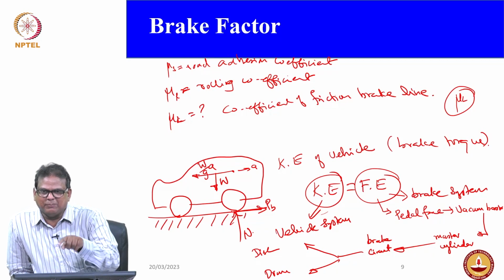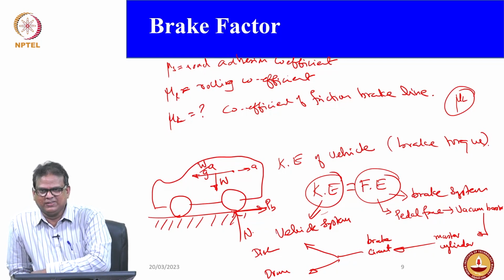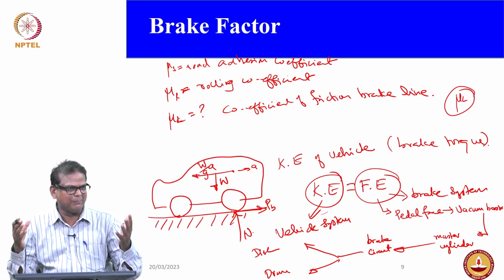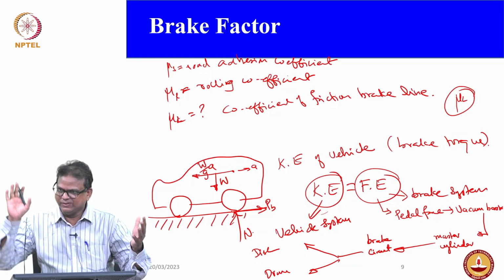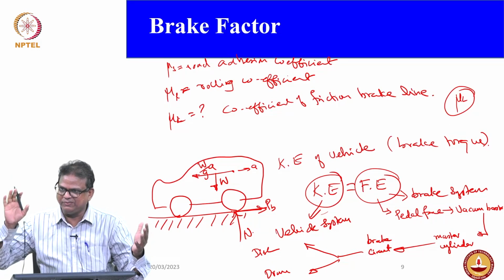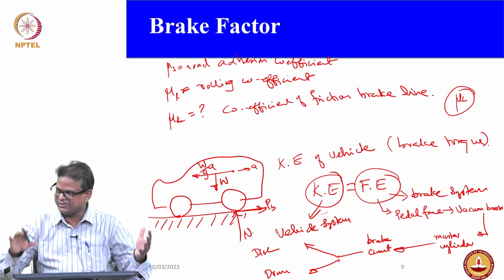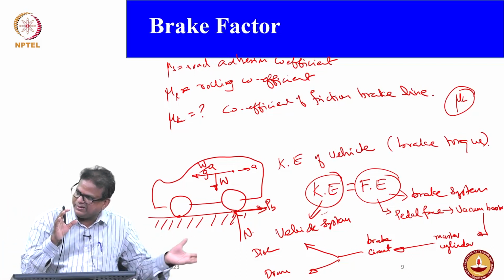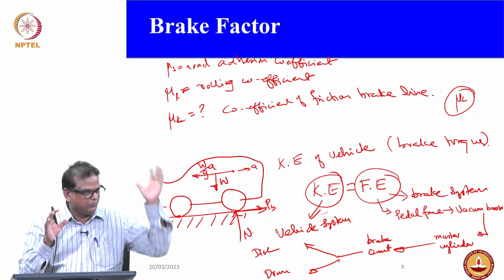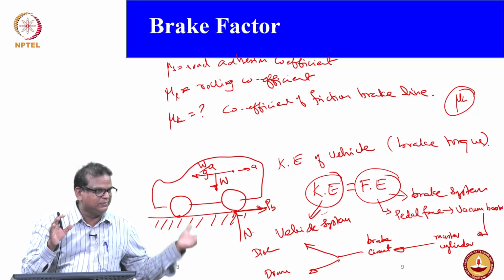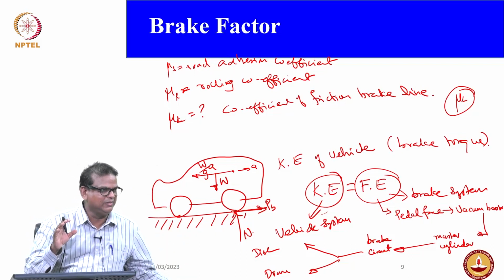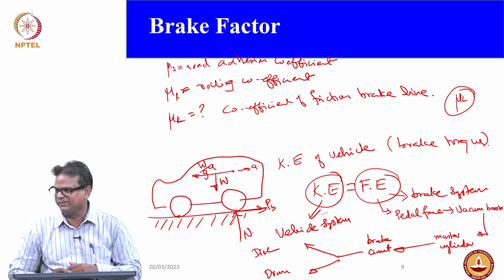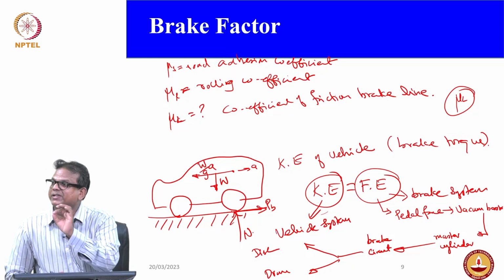So that's where the brake factor will come into the picture. Now can you see how the interconnection is happening? When you are applying the brake to your brake system to activate, then the kinetic energy of the vehicle, through your wheel and road adhesion factor, needs to be balanced through your friction lining with the corresponding friction value.